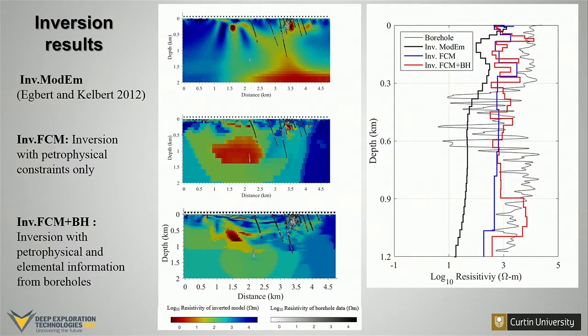On the right-hand side, we have a comparison between inverted resistivity and the borehole from the central hole KV28. We see that the trend of the smoothness constraint inversion doesn't match the borehole resistivity like our work does.